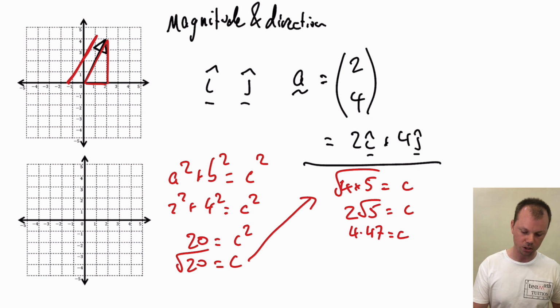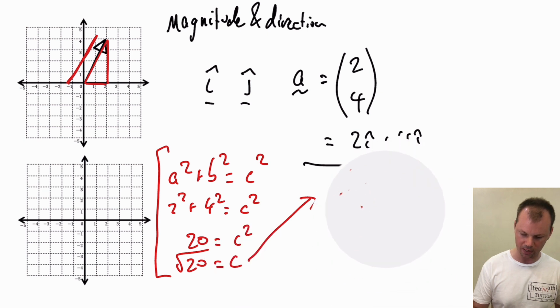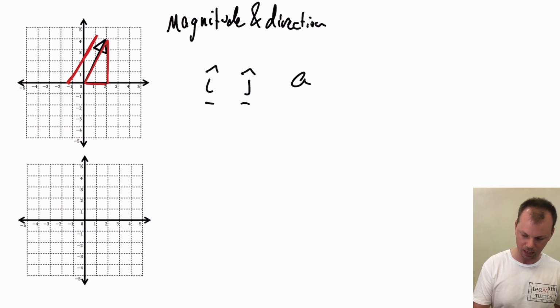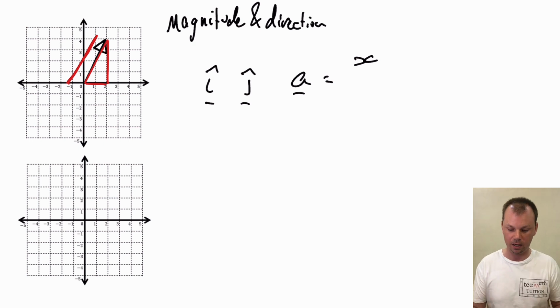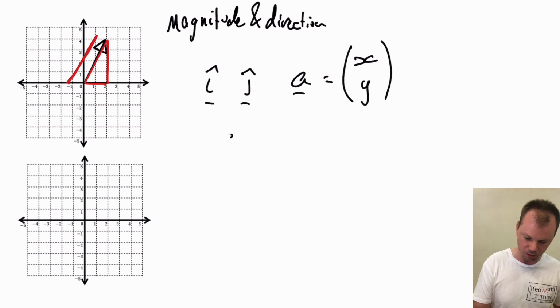Now you don't need to show this working each time. If I was to represent a generalized vector, let's look at our vector again. Let's do vector A. Let's say it's going x amount in the i direction and y amount in the j direction. I can write my magnitude of A, or the length of the hypotenuse.